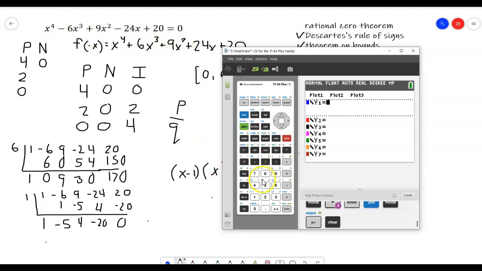All right, x to the 4th, so x to the fourth minus 6x cubed plus 9x squared minus 24x plus 20. All right, make sure that's right.